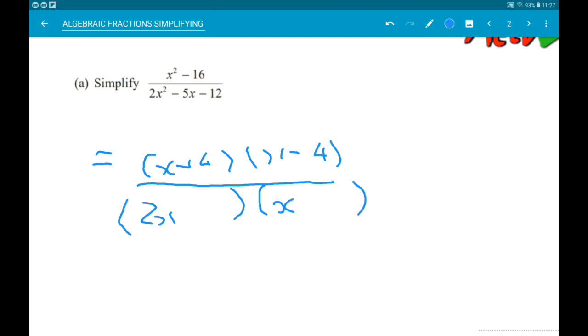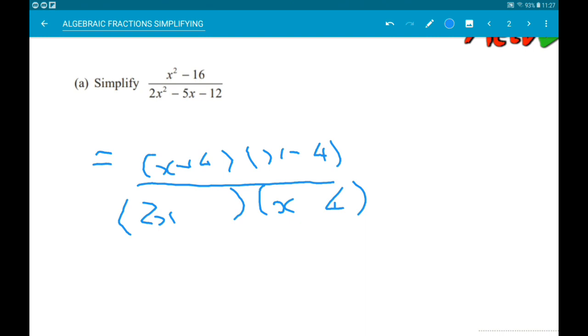So that takes care of the 2x squared. Now we know, because they are asking us to simplify this fraction, there must be a common factor between the top and the bottom. So the bracket on the bottom, which is going to be common, is the one with just x in it. So we know that is going to have a 4.